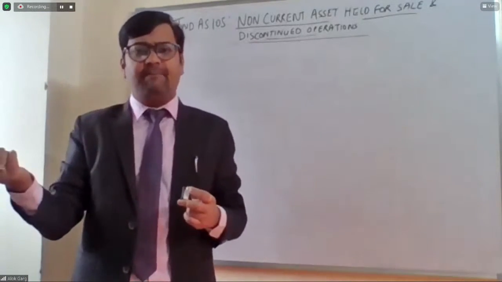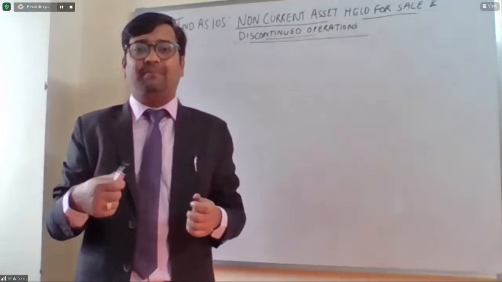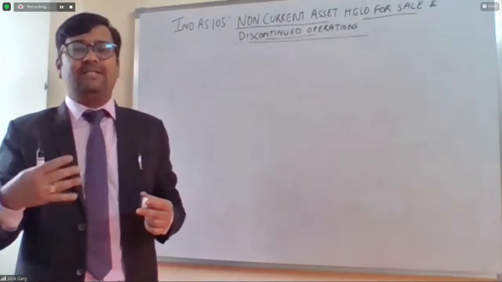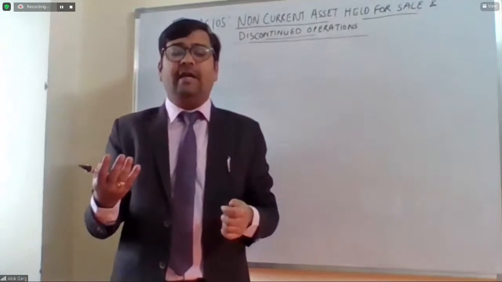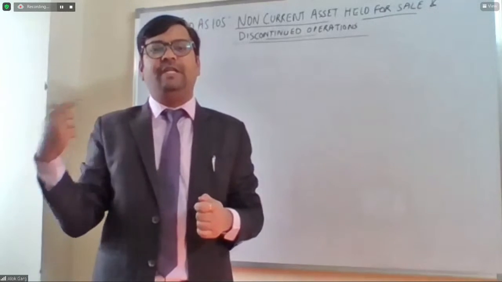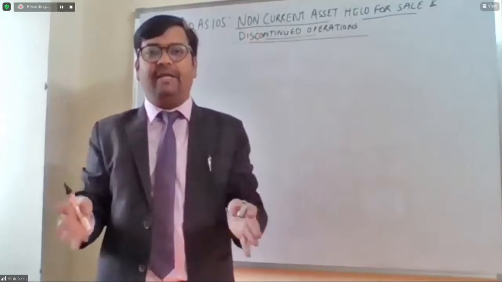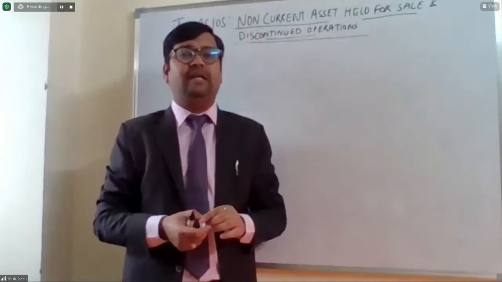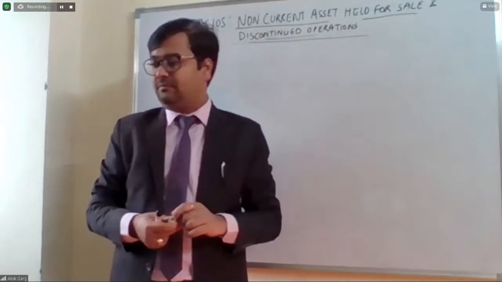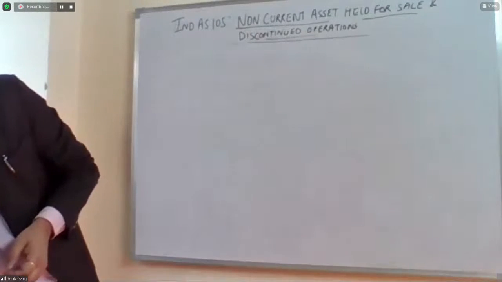But in future, if the management thinks that the demand is not getting picked up, or that this asset will not be used further, then you need to see whether it is available for immediate sale in its present condition or whether the sale is highly probable. Then you need to see the criteria. If those criteria are met, it will be classified as held for sale. Understood, Preeti? Any other question?